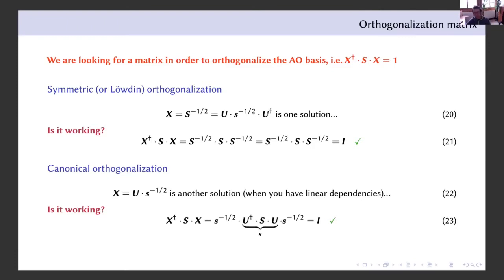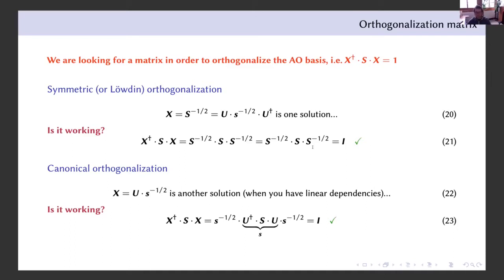And after you're going to back transform this S minus half with this U matrix, so always remember that the matrix of the eigenvectors is a transformation matrix from the representation where the matrix is not diagonal to the basis where it is diagonal. So you can back transform that S minus half matrix to the original basis to get this S minus half. And you can check after that, thanks to this matrix, you can orthogonalize the matrix.